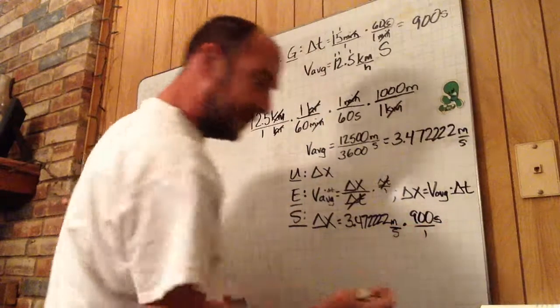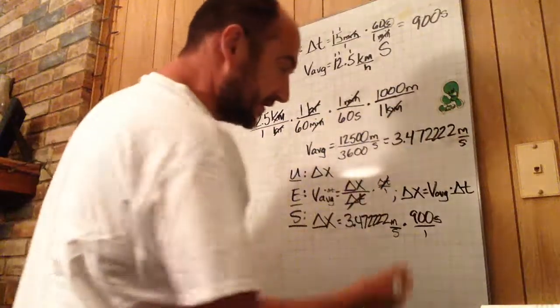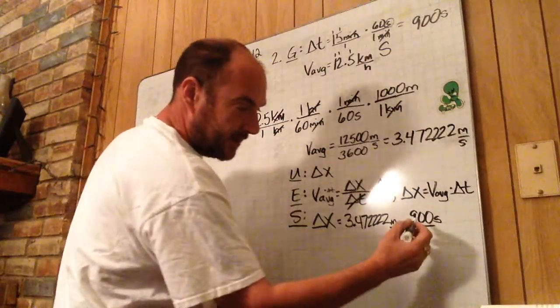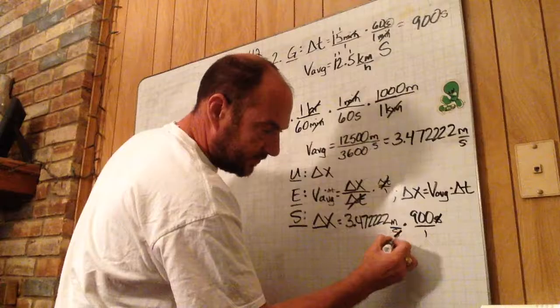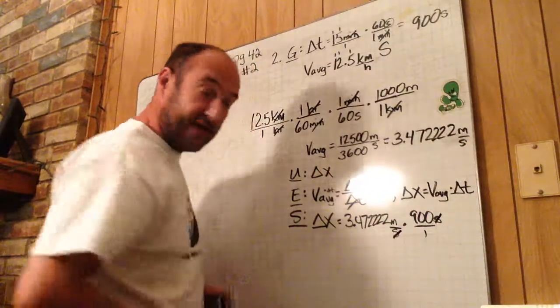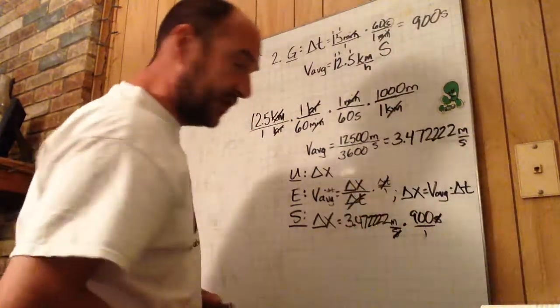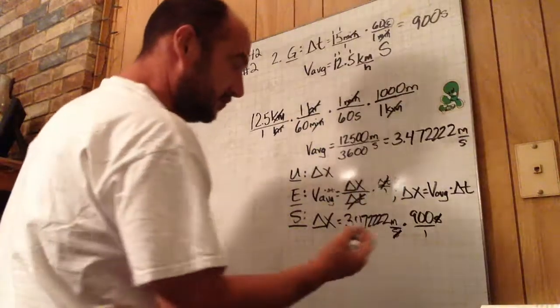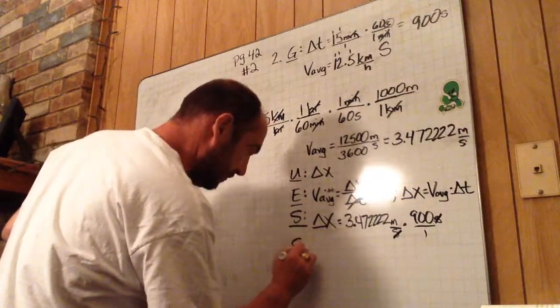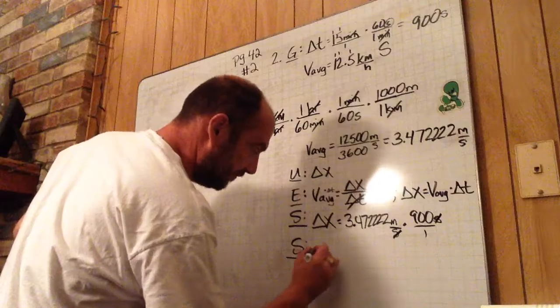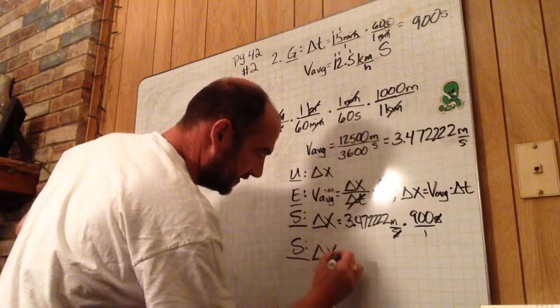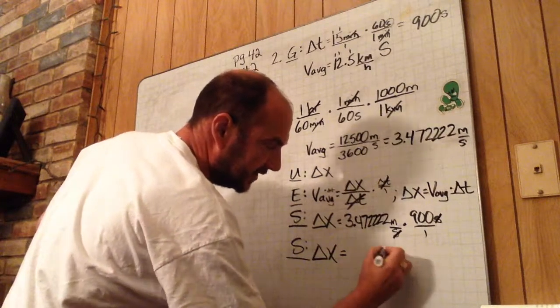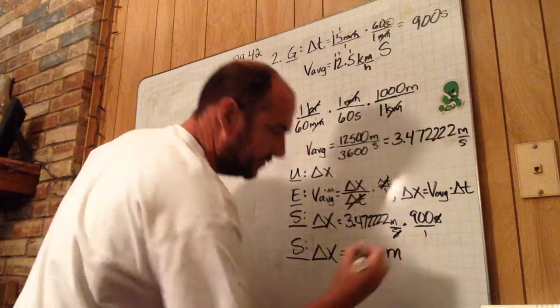And make that over 1. Anything over 1 is just anything, in this case 900 seconds. The second, 1 on top, 1 on bottom, they cancel out. So now I have a unit left of meters. So down here in my solve step, I can put delta X equals some blank and meters.